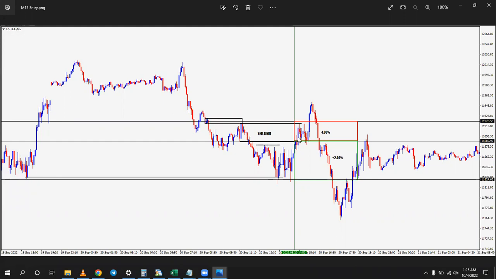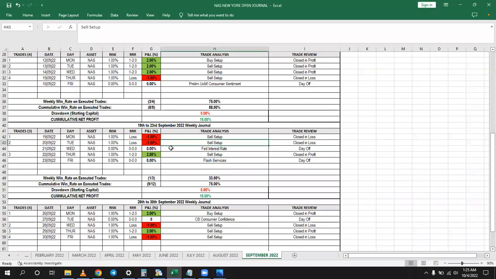At the open, price spiked up to the sell limit, but it failed to reverse, right? At the zone of the SOP. It went and hit our stop loss. So we had a loss on that day. Sell setup closed in loss.